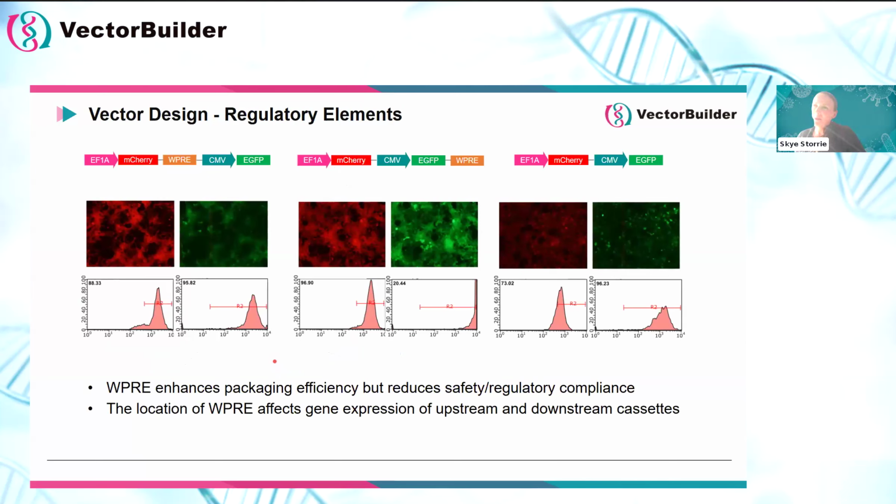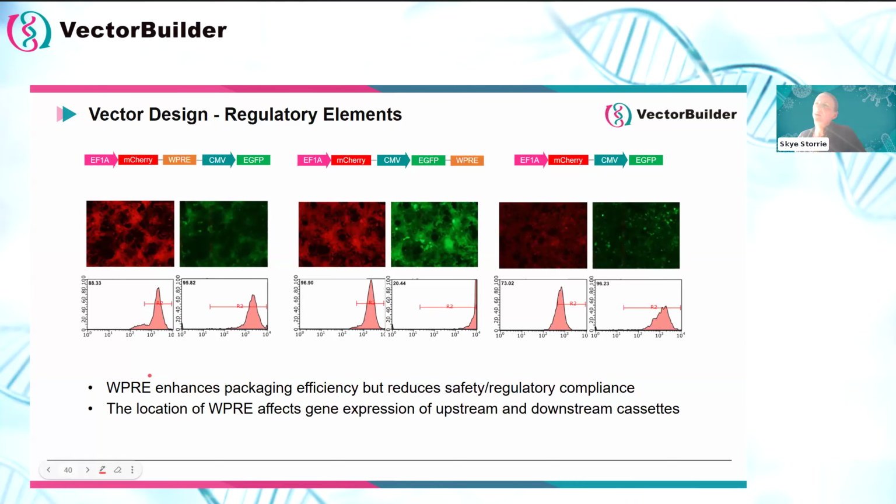So for research applications, WPRE is generally fine, but for clinical development, it will not get through regulatory bodies if you include WPRE. Instead, it's better to include a modified version such as WPRE3, where this ORF has been mutated, so you don't have to have these worries.